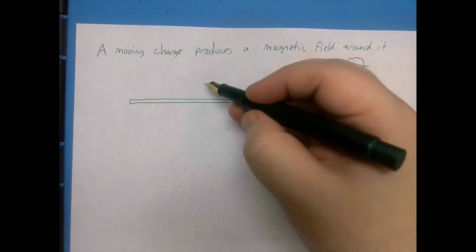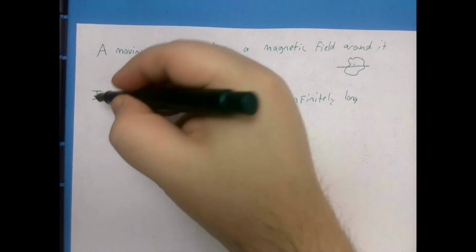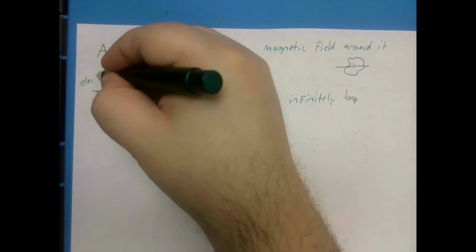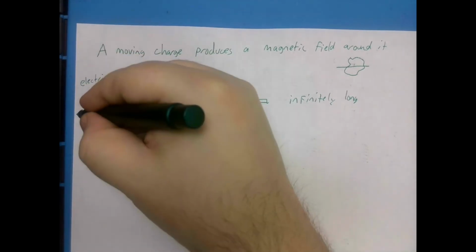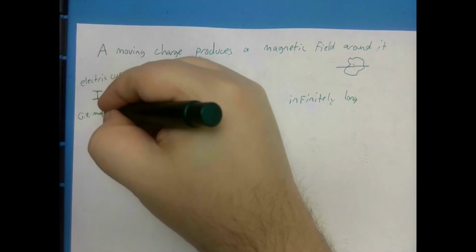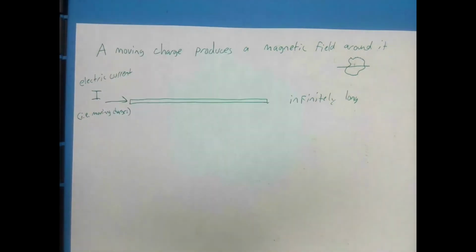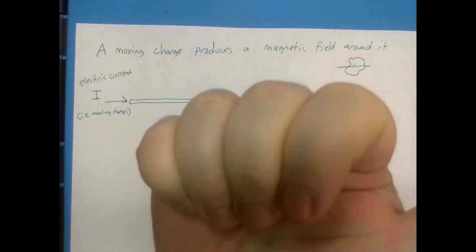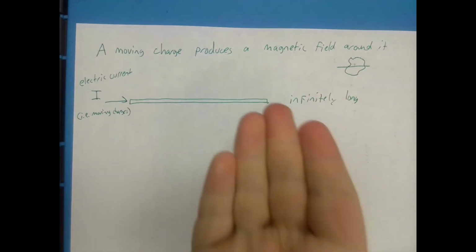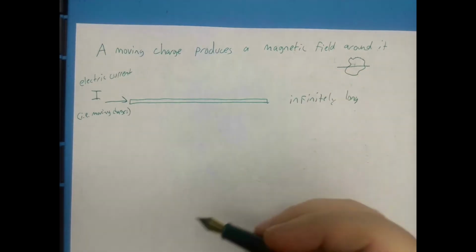So let's say that the current going in, and current is represented with an I, so electric current, i.e. moving charges, is going to the right. If you put your thumb pointing in the direction of the current and wrap your fingers around the wire, the way you wrap your fingers is going to be the direction of the magnetic field.